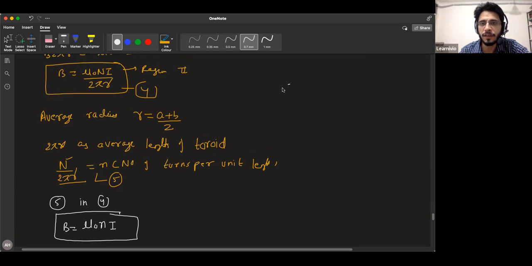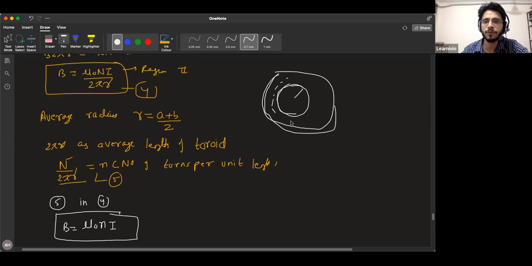If you have this system, this is the inner length and this is the outer length. The average length will lie somewhere in between, so I'm taking 2 pi r, where r is (a plus b) by 2.